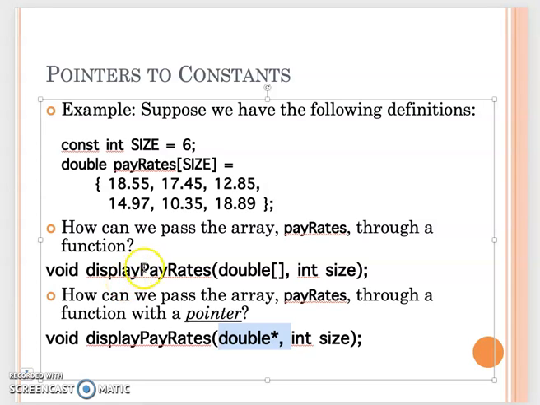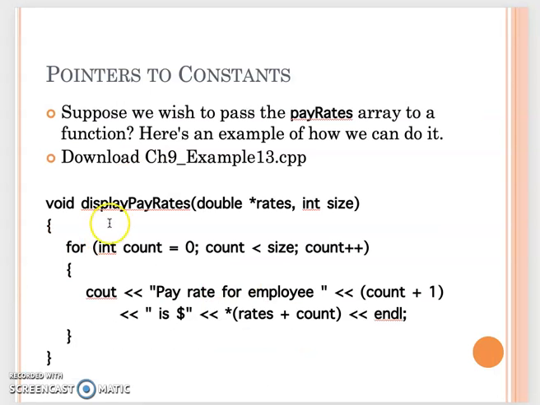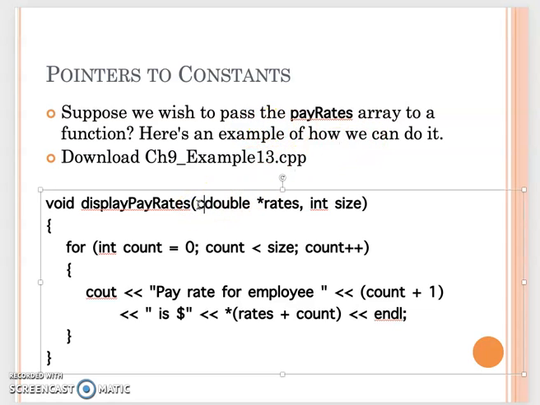So we give the programmer the flexibility: if your purpose in passing the array is for read-only purposes, then we can still do the display rate like this. But you can see because our purpose is only to display, right? So that's why when you pass in the array through the function, what we really want you to do is add your const keyword.